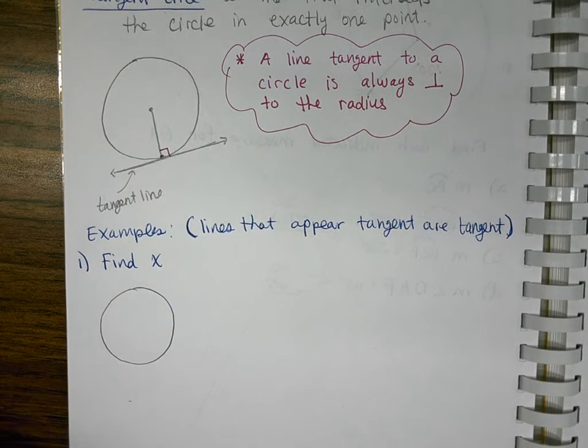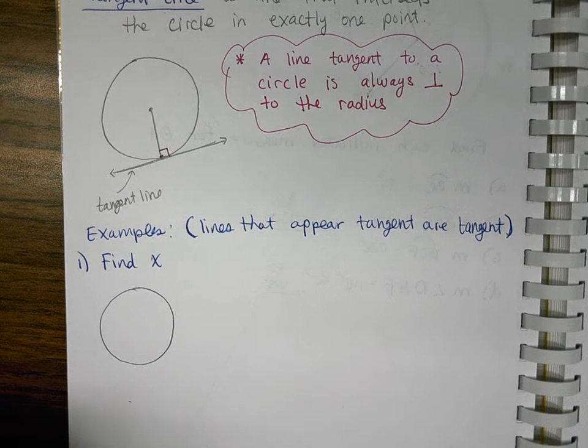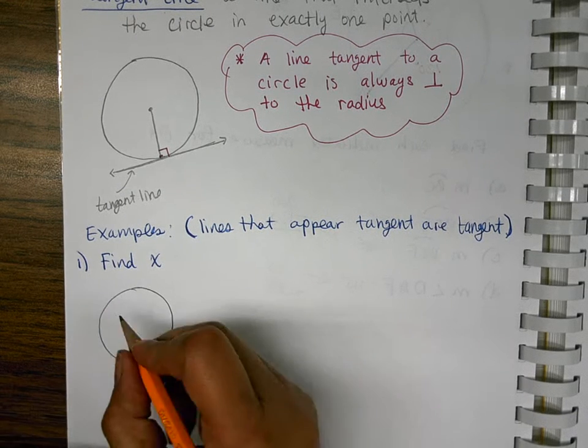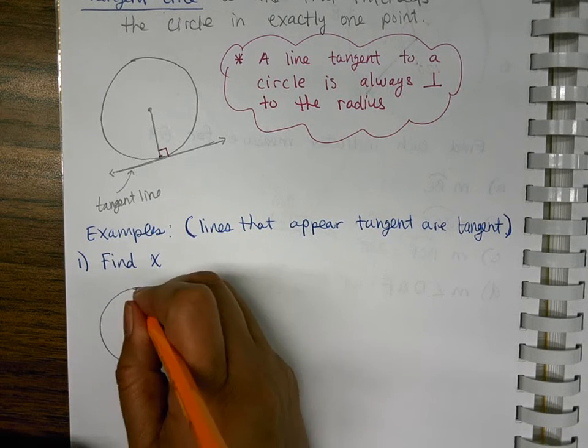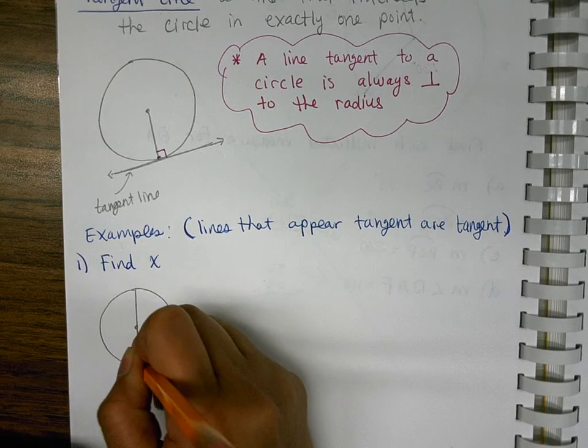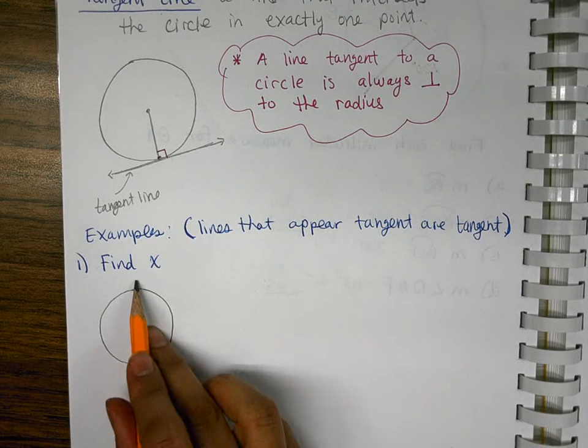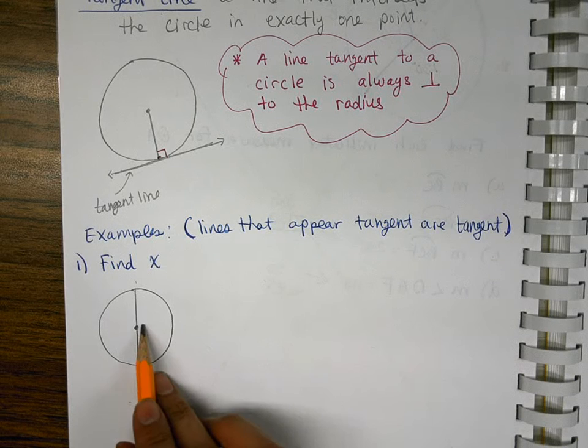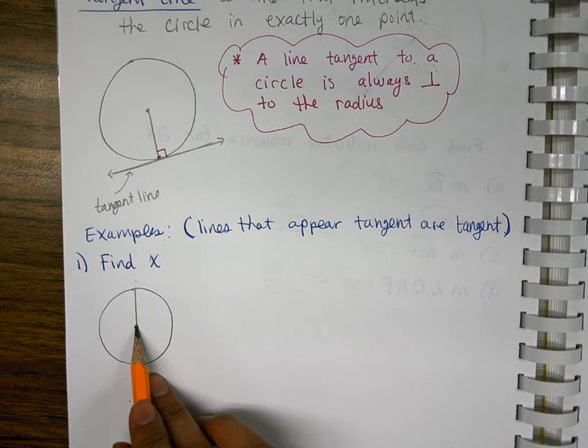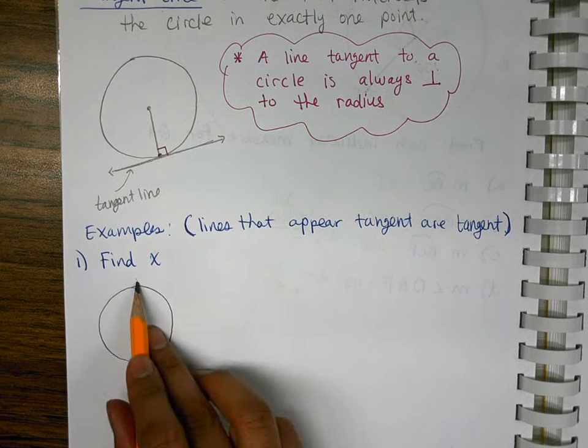Okay, let's draw our circle. Now I'm going to draw a diameter. Diameter goes from one endpoint to the other on a circle, but it also passes through the center.